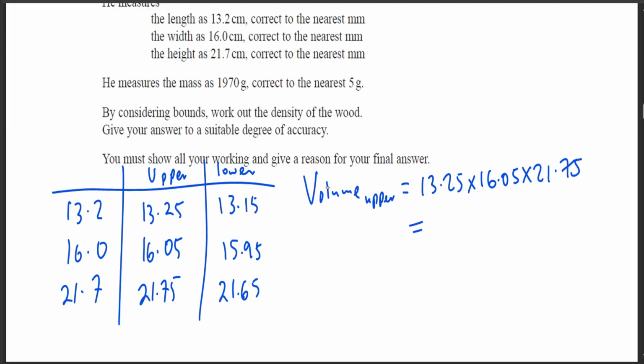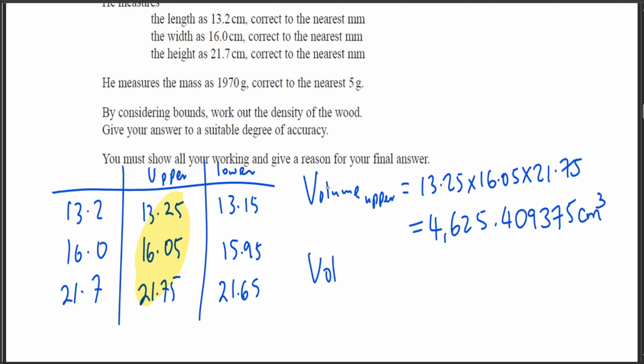You take the upper, because all of these are upper, so none of them are lower. So let's see how much it's going to give us. 13.25 times 16.05 times 21.75 is going to give us around 4,625.409375. I like to write a lot of numbers so that I don't get an error afterwards.